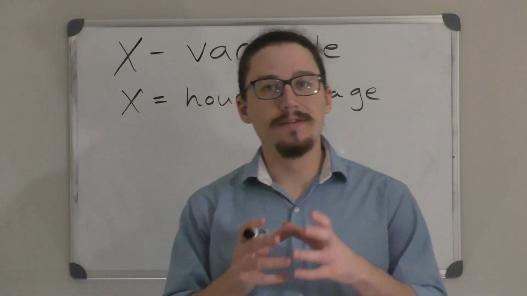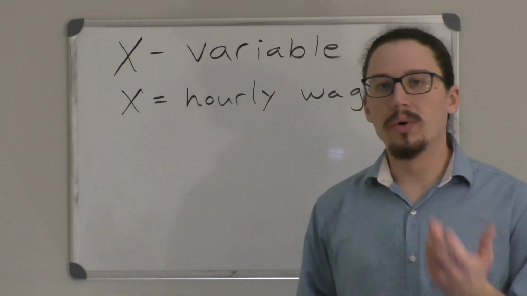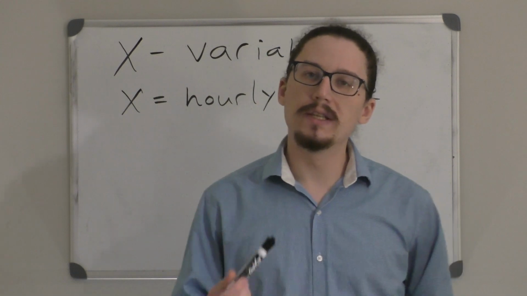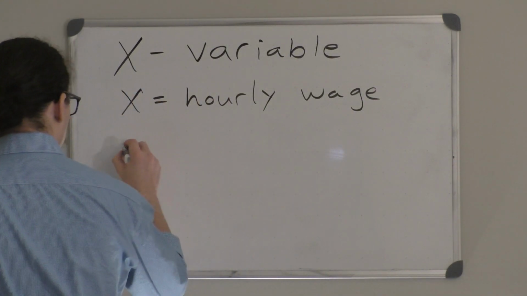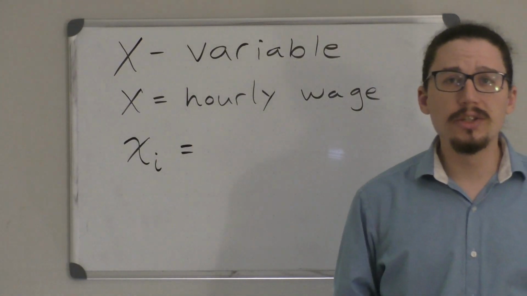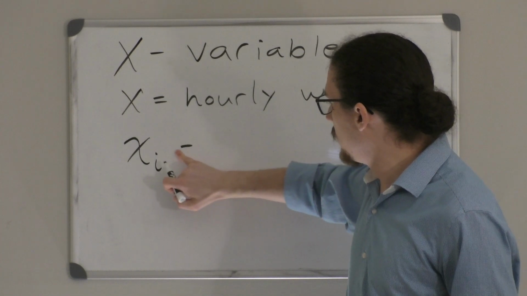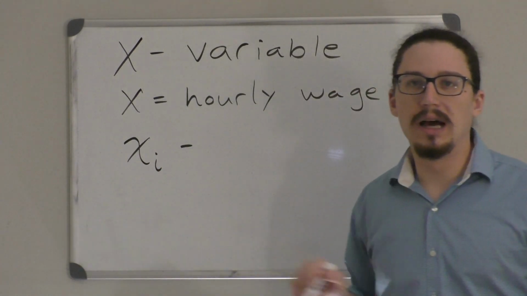Now, when it comes to individual observations for a given variable, we are going to use X as well, but in this case, a lowercase x. It's usually going to be written as xi, x with a subscript i.